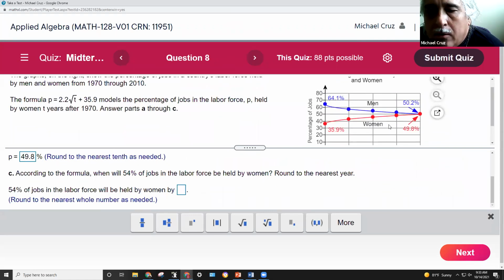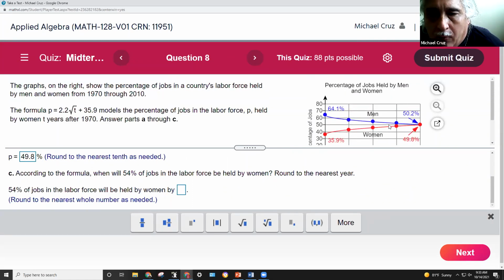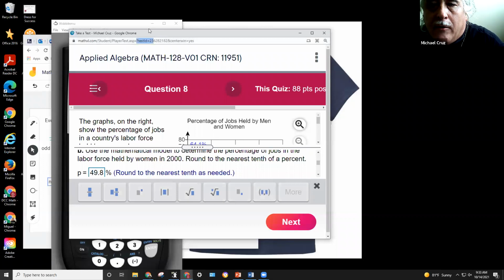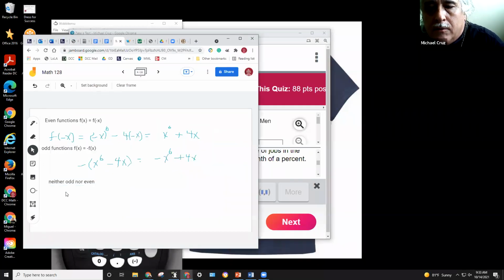All right. So what we got to do is solve for that. So we got to kind of work backwards. So let's see. They want us to have P equal to 54. And remember the formula was P is equal to 2.2 times the square root of T plus 35.8.